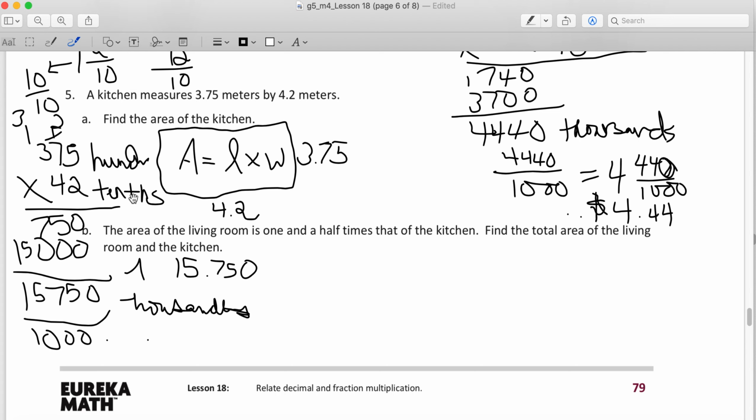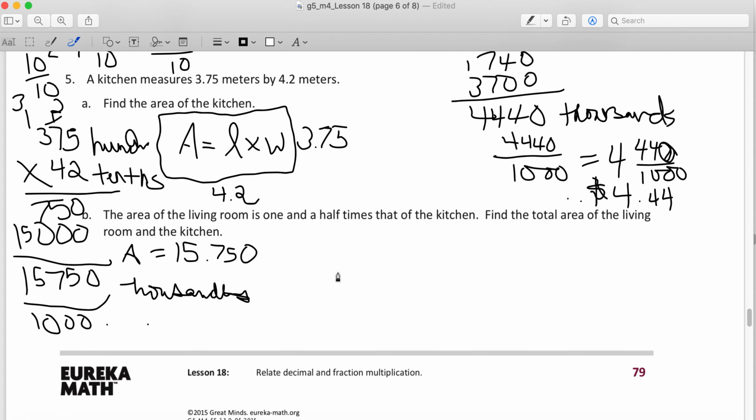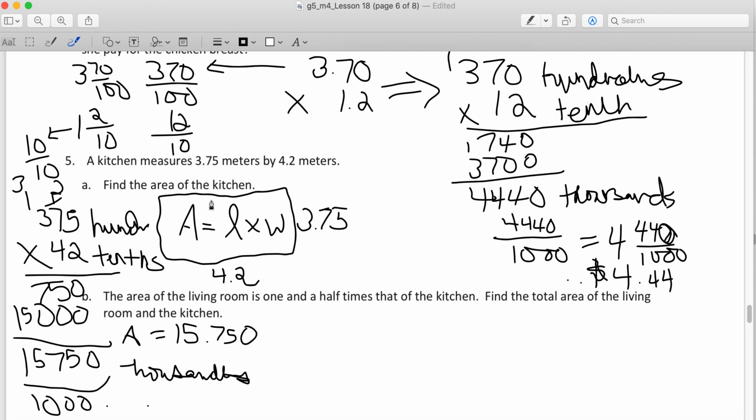I'm putting hundreds and tens together. If I'm putting hundreds and tens together, that gives me thousands. Okay? And so that means I've got 15 and 750 thousandths. Okay? And that is the area of the kitchen.